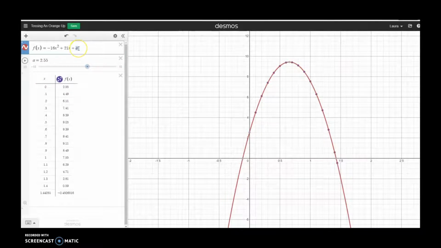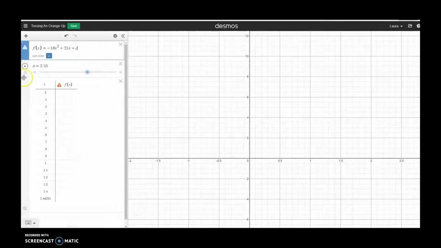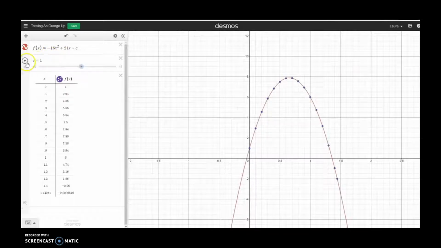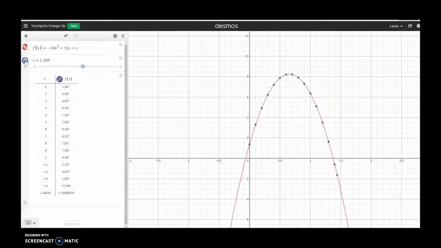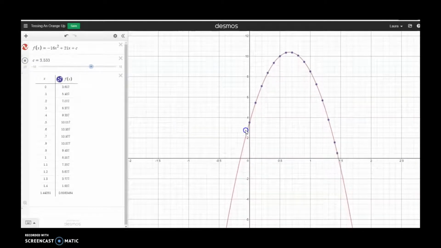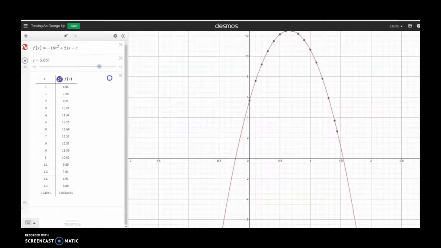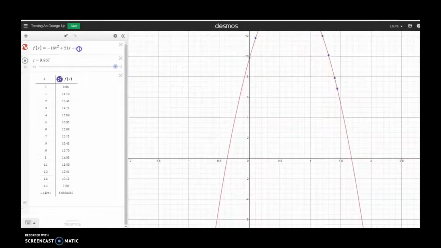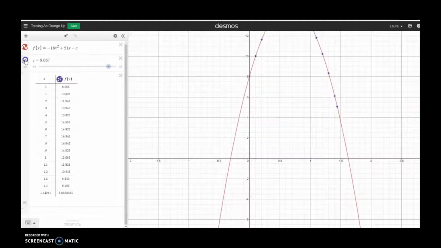Actually, I'm going to call this C because we are going to call it C in a minute. And we'll go slow again. Okay, so you're probably seeing what this constant term is doing to the whole graph, how it would change it, how it would affect it.